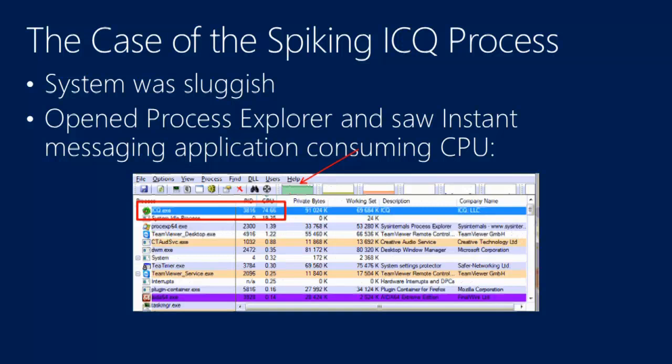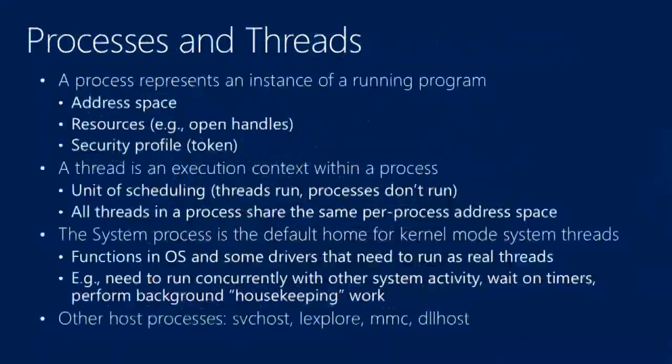Now, this is a very popular chat client, so this user doubted that it was actually ICQ's fault and wanted to investigate more deeply to see, is it ICQ or is it something that's causing ICQ to consume CPU? To do that, he needed to look inside the ICQ process, at the threads in the process.